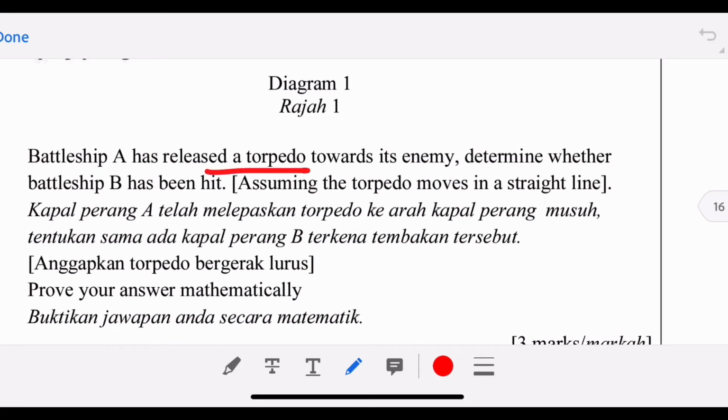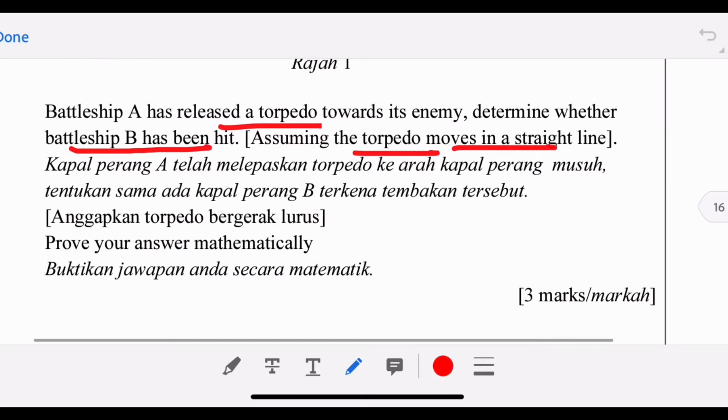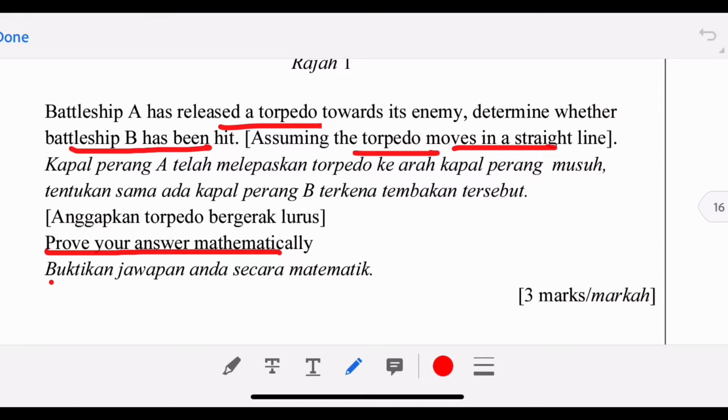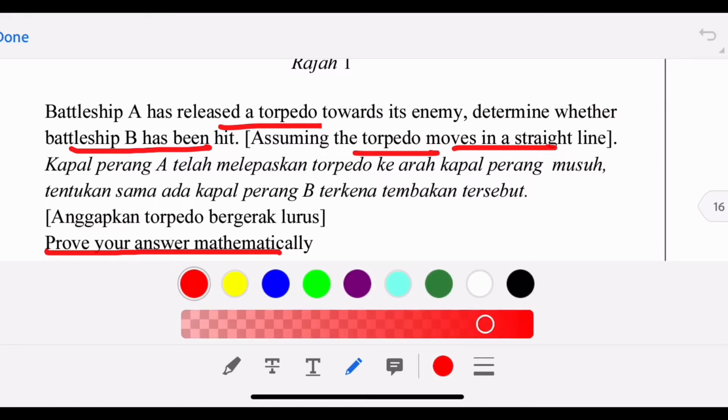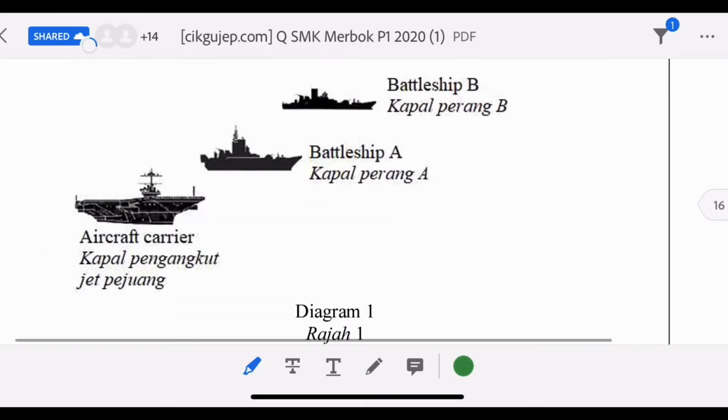Now let's read the question. Battleship A has released a torpedo towards the enemy. Determine whether battleship B has been hit. Assuming the torpedo moves in a straight line. Very important keywords. And you have to prove your answer mathematically.